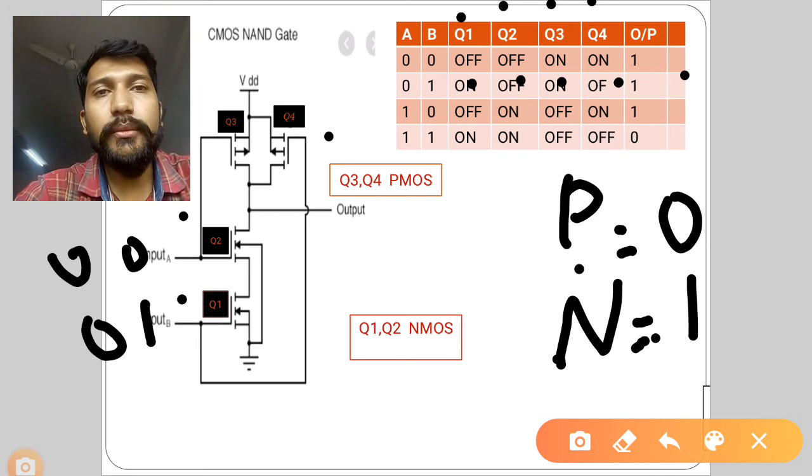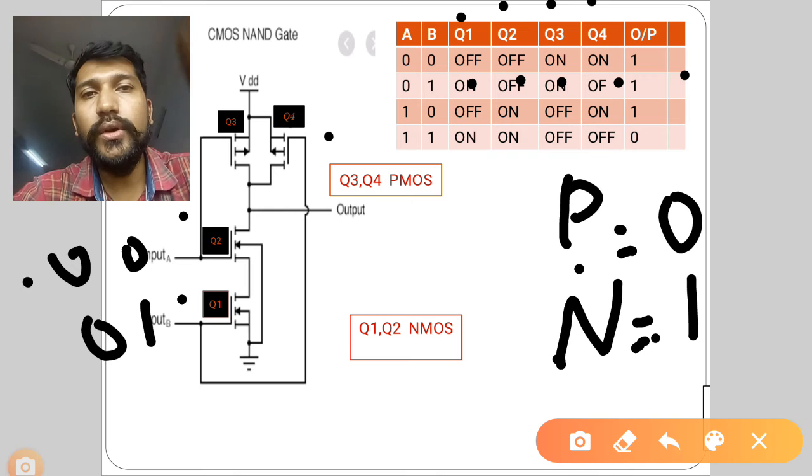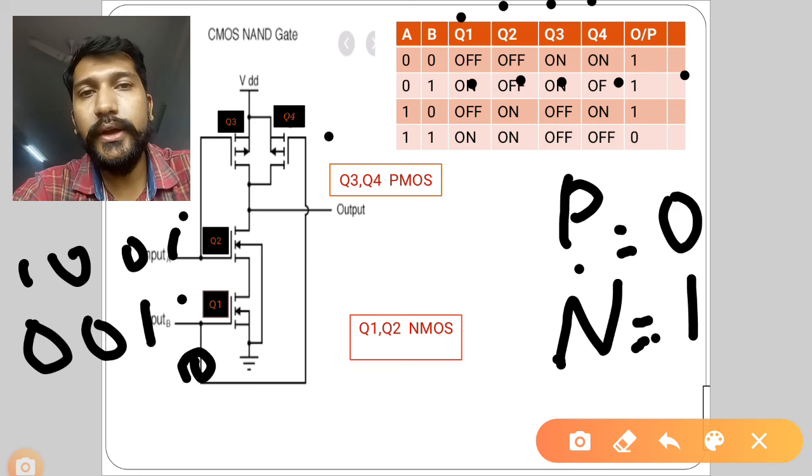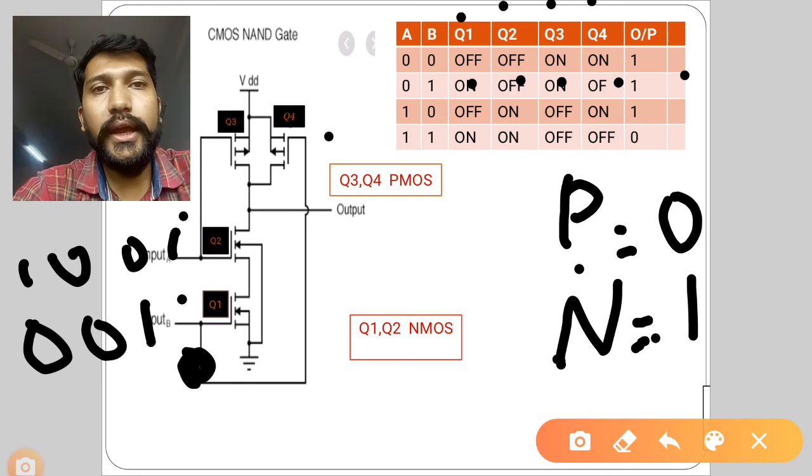The third condition is 1 and 0. A is 1, that is Q2. Q2 is an NMOS, so Q2 will become on. Q2 goes to Q3, which gets 1, but Q3 is a PMOS, so it will become off.